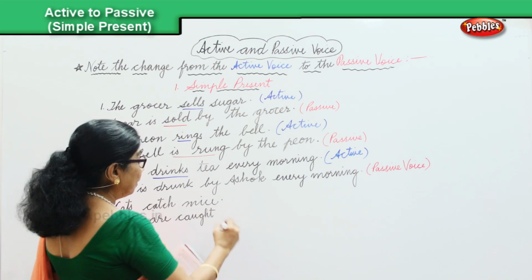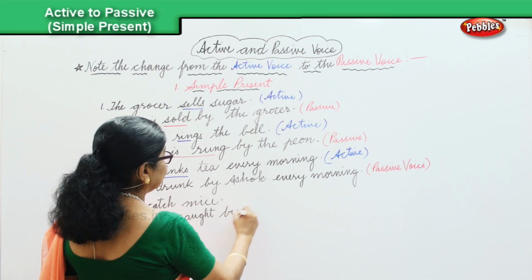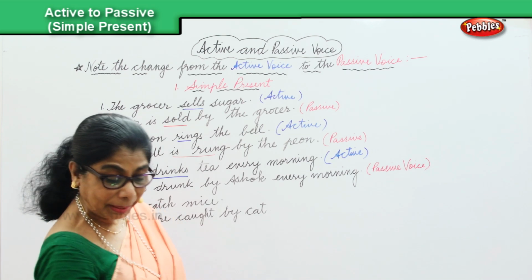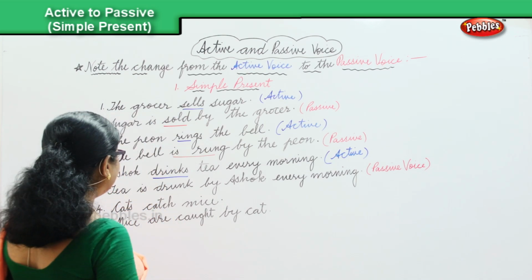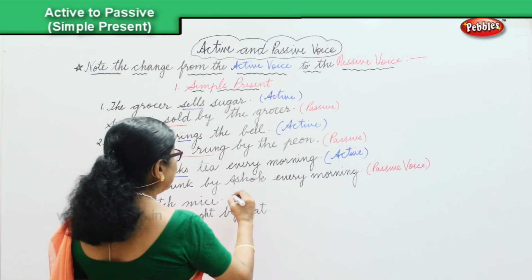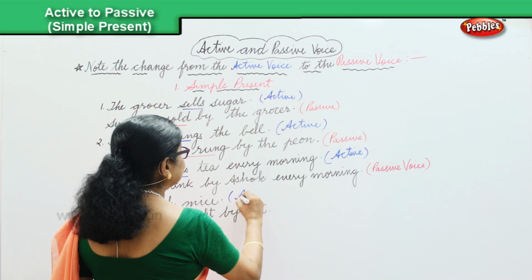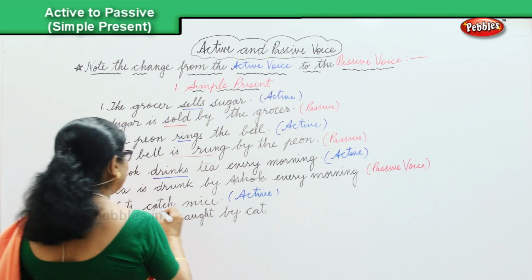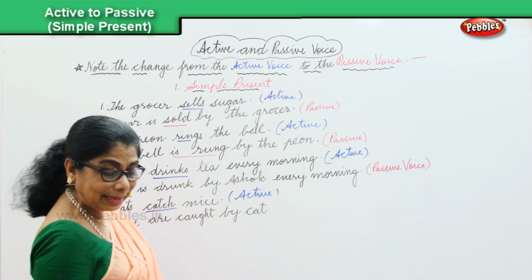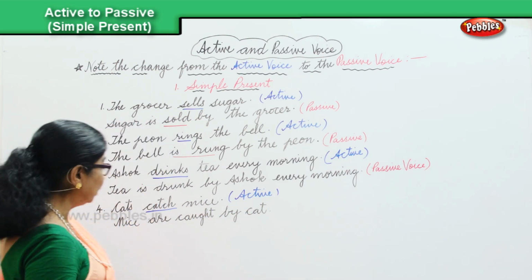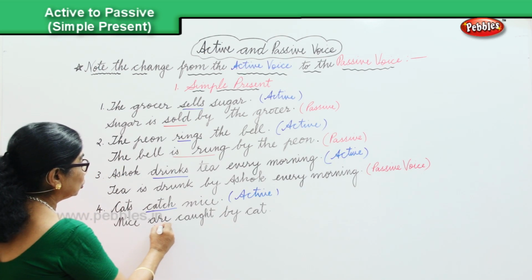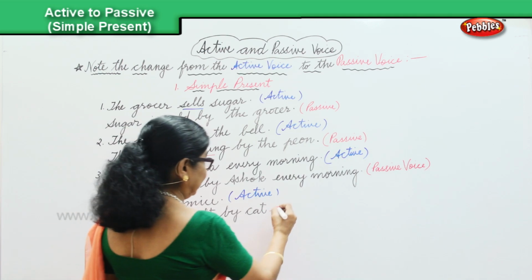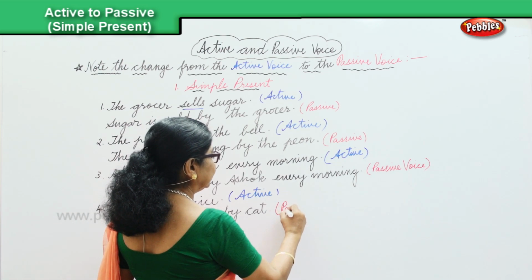By who? By cat. So the action in the first one and passive in the second one. Cats catch mice. That's active. The verb catch. In the second one, look at the verb are caught. Mice are caught by cat. That is passive.